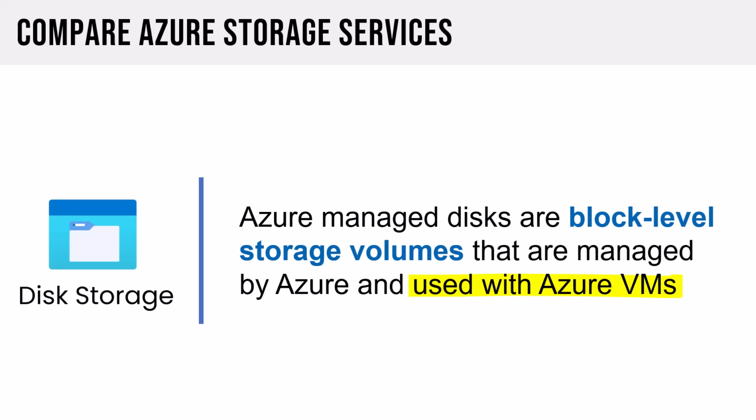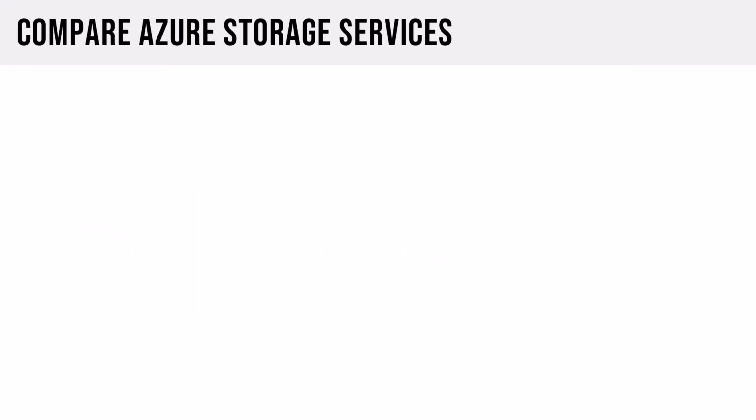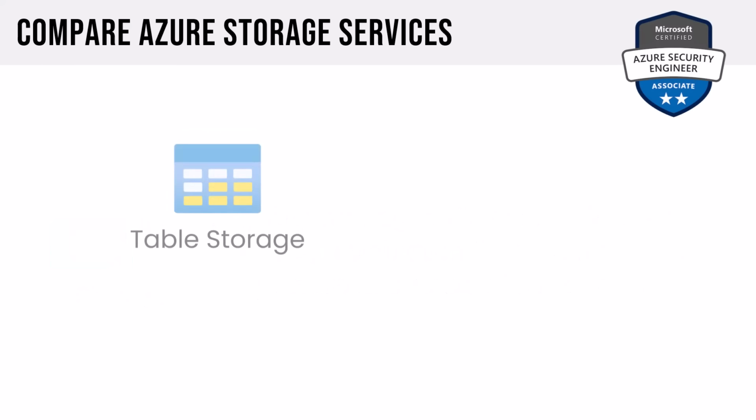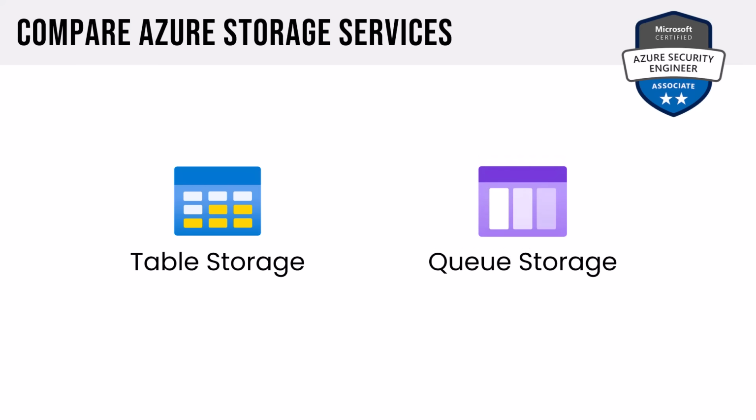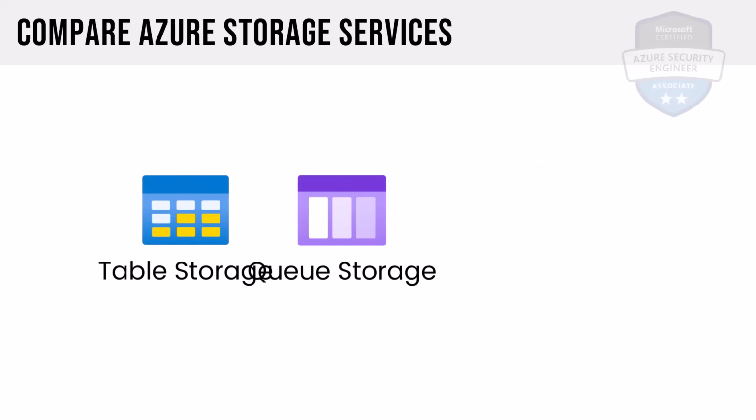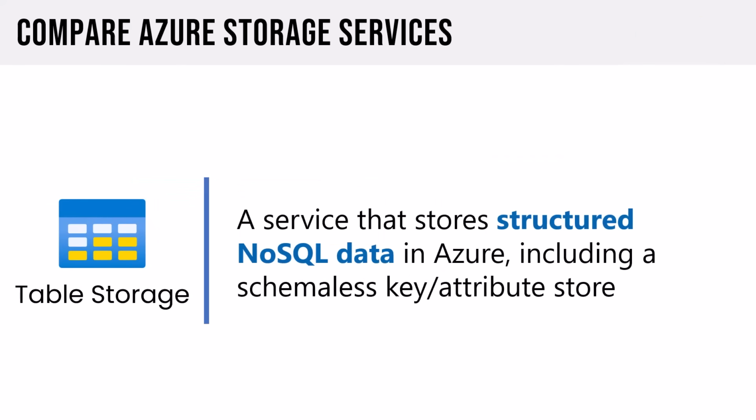Two other types of storage we need to touch on include Azure Table Storage and Queue Storage. So let's start with table storage, which is a service that stores structured NoSQL data in Azure, including a schemaless key attribute store. So that differs from a relational database where there'll be a schema.